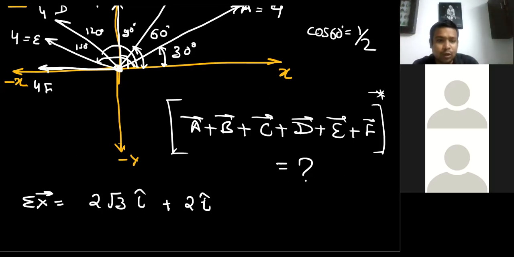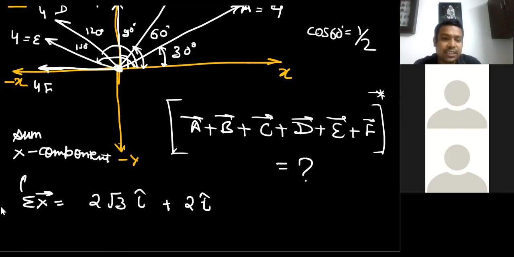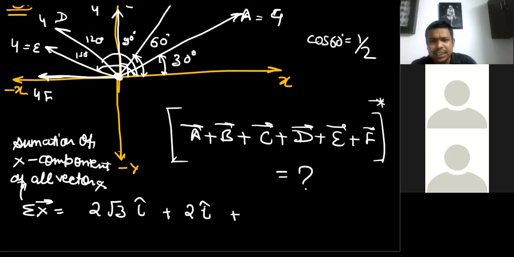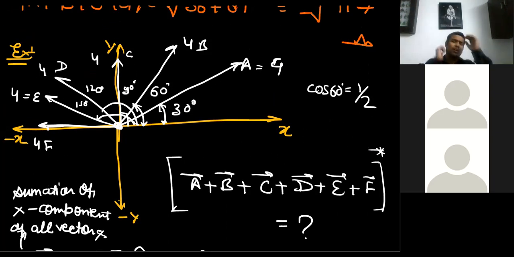So here you want the summation of the x components of all the given vectors. Clear, my dear friends? So tell me, what is the x component of the C vector? Tell me, what is the x component of the C vector?